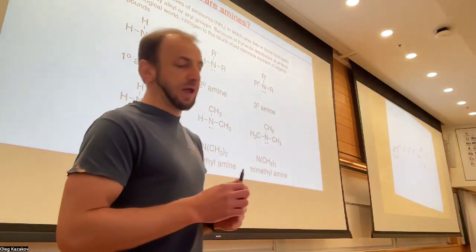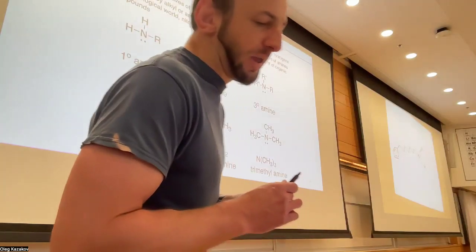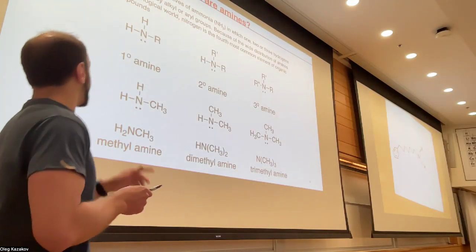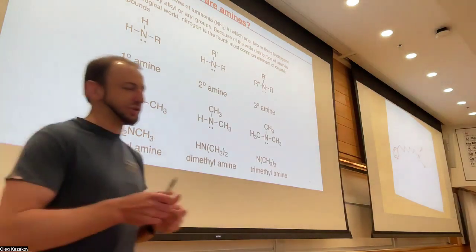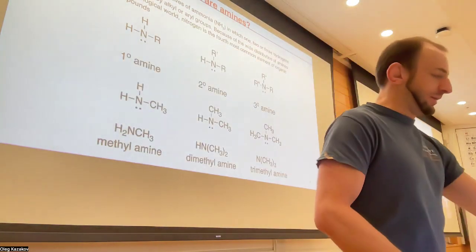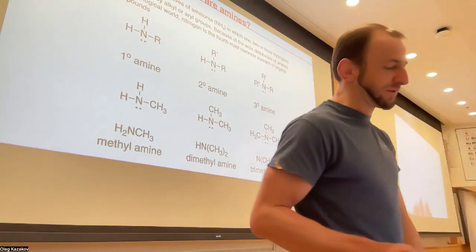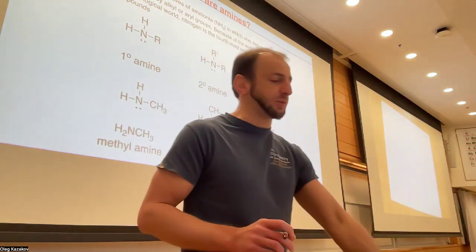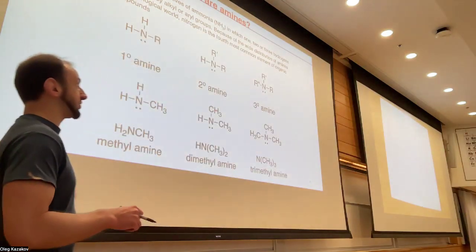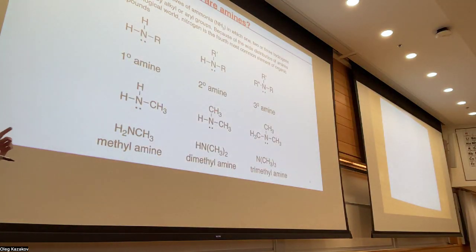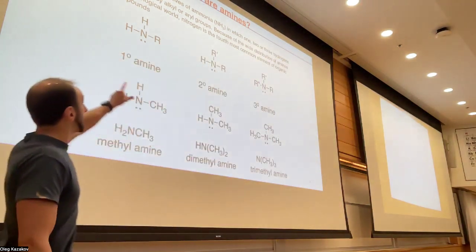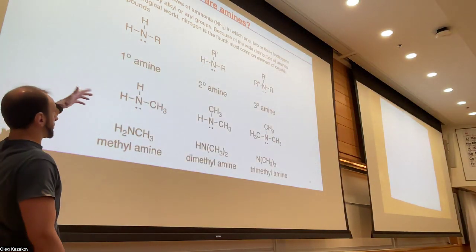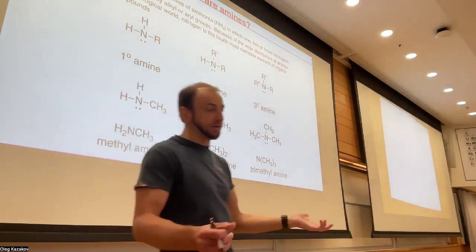So that's your amine. Now about classes of amines: we have primary, secondary, tertiary. This is the thing about the substitution. If you start with, let's say, ammonia, primary amines happen when you switch one H of the ammonia to some kind of alkyl chain.